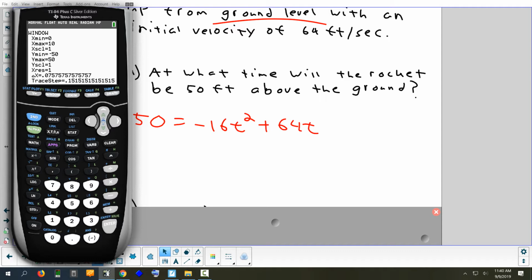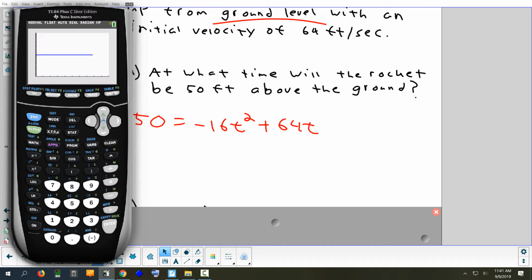So I'm not sure how much to look for that. What's the lowest height that this rocket is ever at? 0, because it's from ground level. And the highest we don't know. Let's guess 100 feet. If you know the physics, you could figure out, if you launch it based on gravity, how high it's going to go. But we don't have to worry about that. The calculator is going to pretty much tell us that.